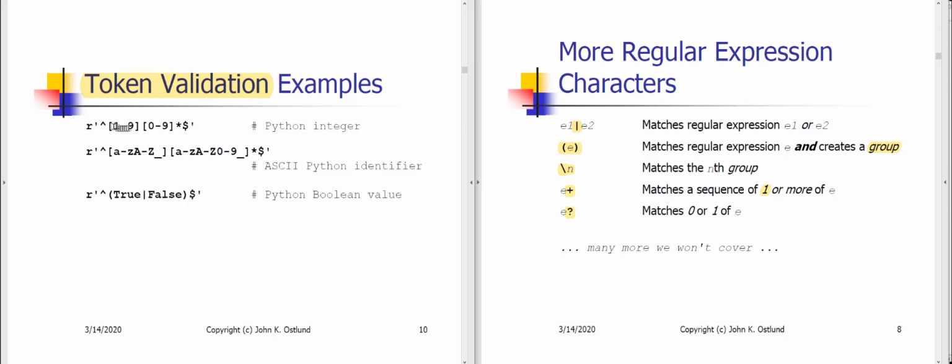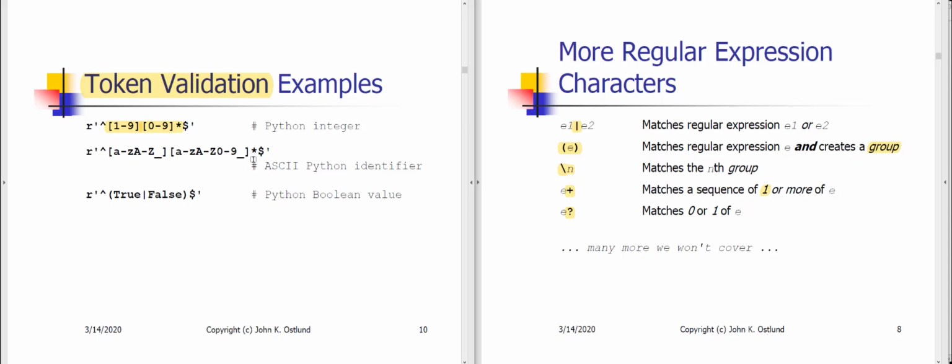In Python, an integer has some digit between 1 and 9 as its first character, and then may have additional digits between 0 and 9.